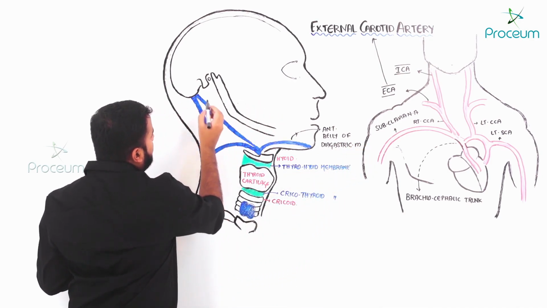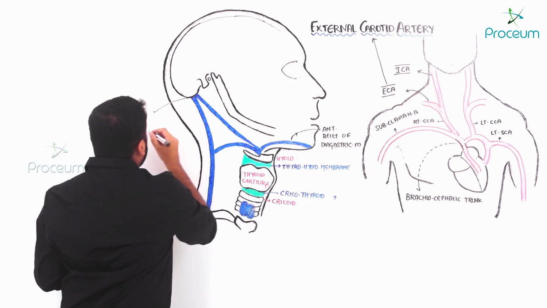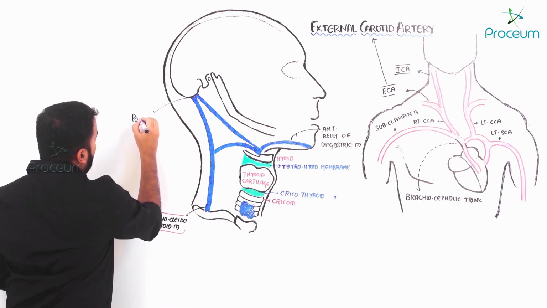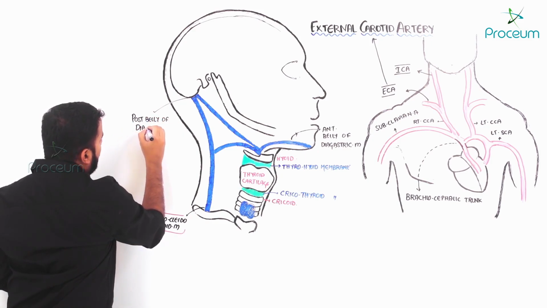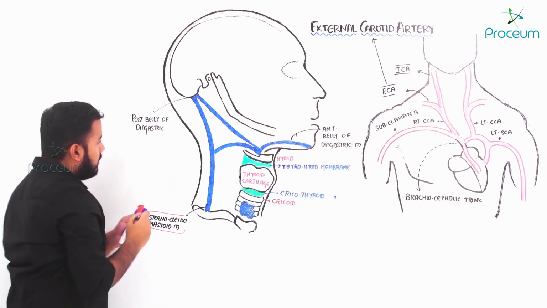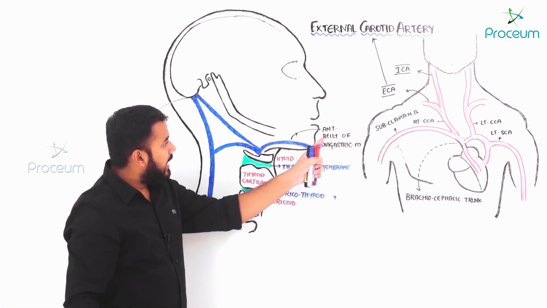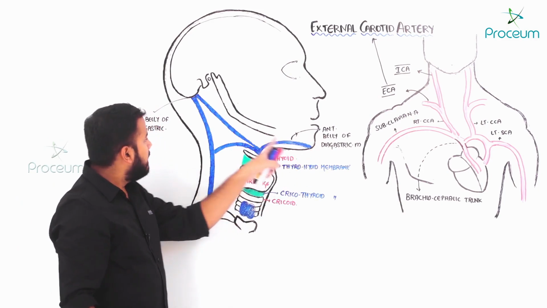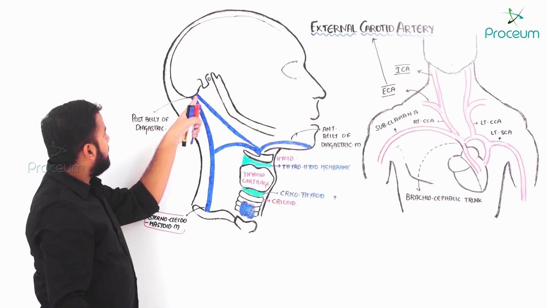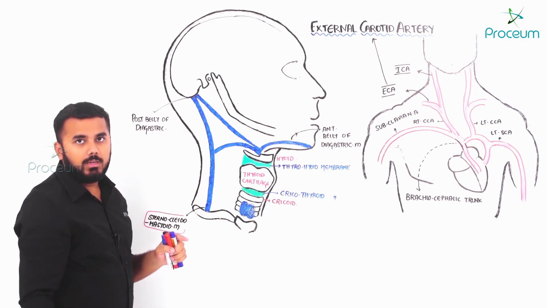Whereas this one over here is called the posterior belly of the digastric muscle. Now you might get a doubt: one end of the anterior belly is attached here to the mental process, and the other end of the muscle is attached to the mastoid bone over here.